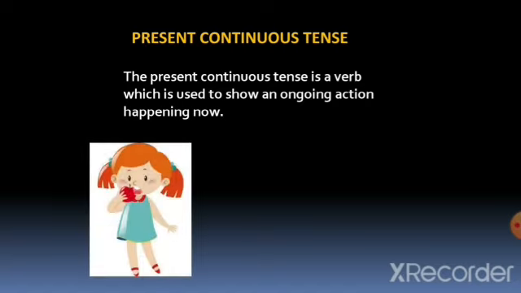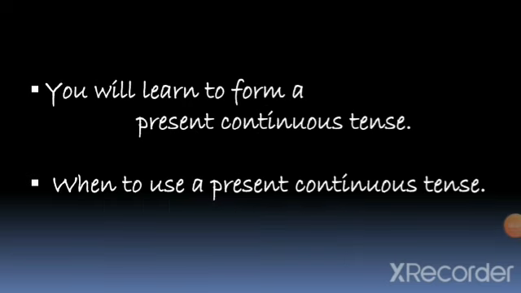For example, she is eating an apple. Right now, the girl is eating. So it's a present continuous tense. In this video, you will learn to form a present continuous tense and will also learn when to use a present continuous tense.